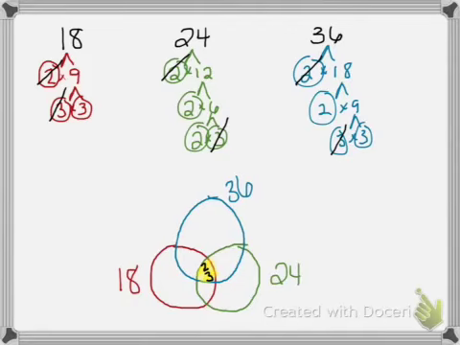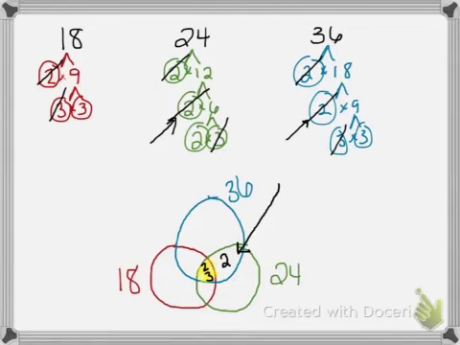However, because we have 3 circles, we have a shared section right here that 36 and 24 share by themselves. Let's see if those 2 numbers on their own share any prime factors. We can see that they share a 2. So I'm going to cross that 2 off, and write it in the section shared only by 36 and 24.